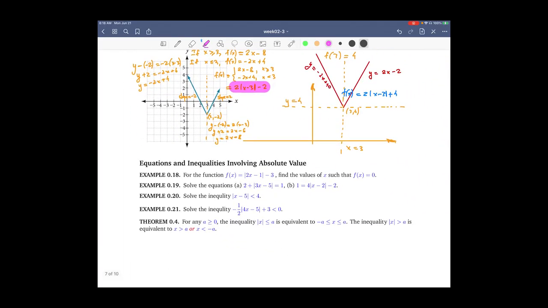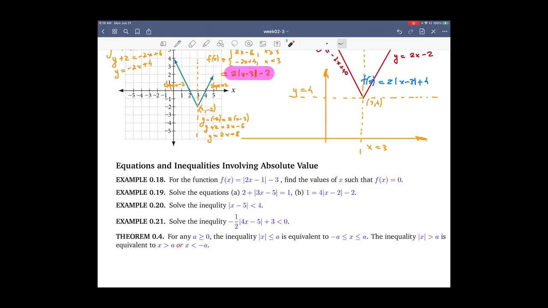Now I'd like to show you a number of examples of equations and inequalities involving absolute values. For instance, in example 18, we have the function absolute value of 2x minus 1, minus 3, and we need to find the x-intercept of that function.